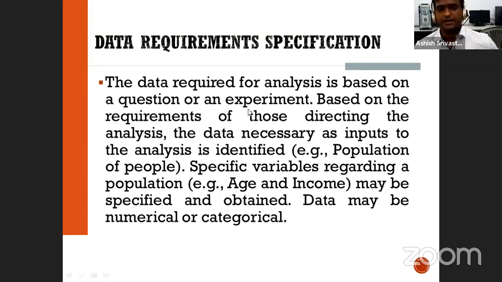The data required for the analysis is based on the question or an experiment. Based on the requirements of those directing the analysis, the data necessary as input to the analysis is identified. For example, if we want to do analysis on the population, so first from that particular aspect we have to acquire the data.